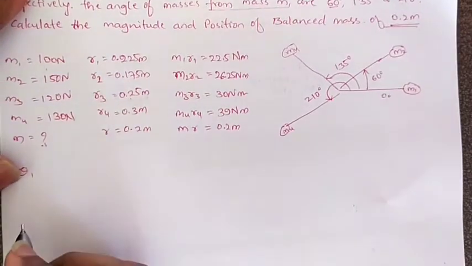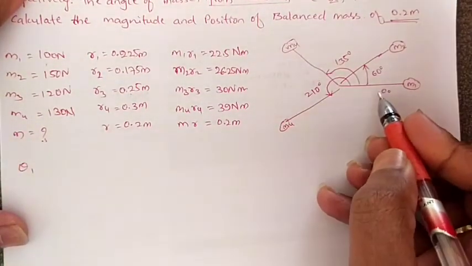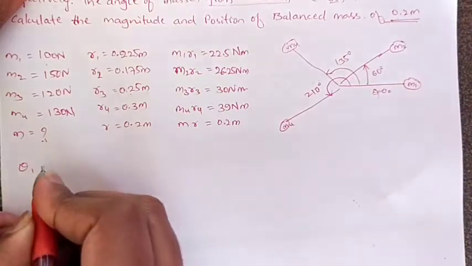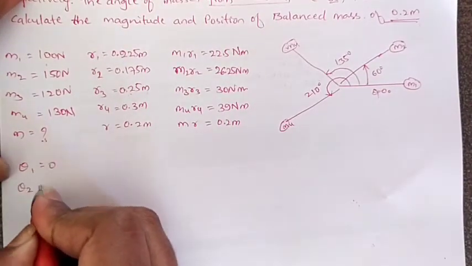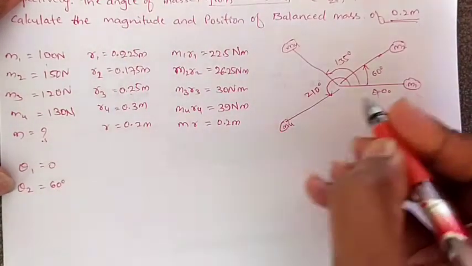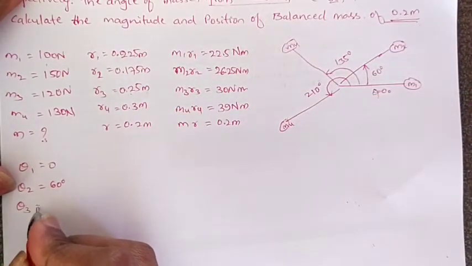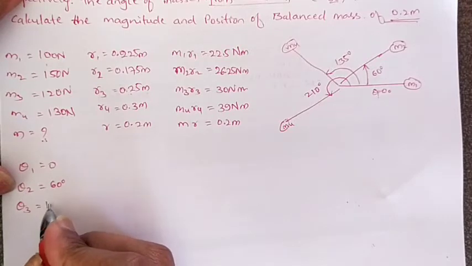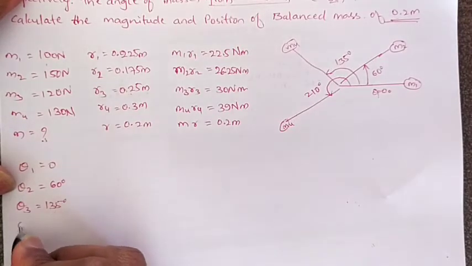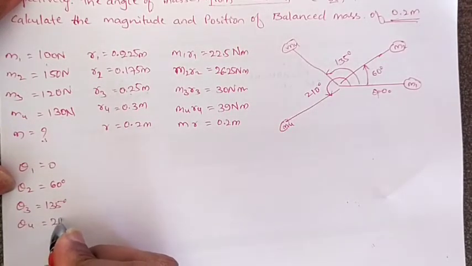Now we will write the theta values. Theta 1 is always 0 degree. Theta 2 is 60 degree, theta 3 is 135 degree and theta 4 is 210 degree.